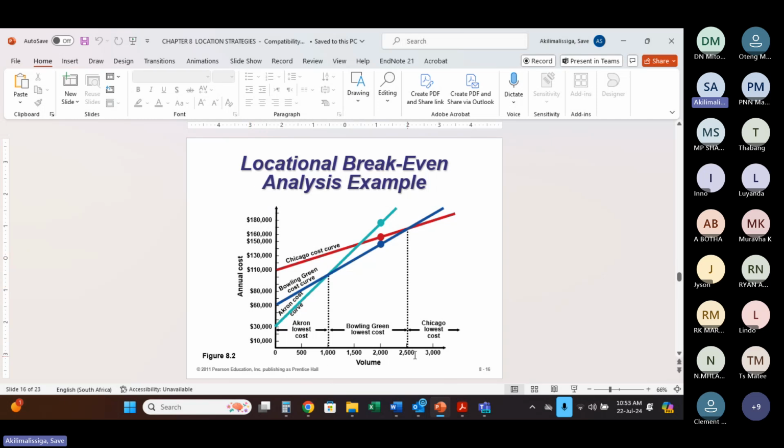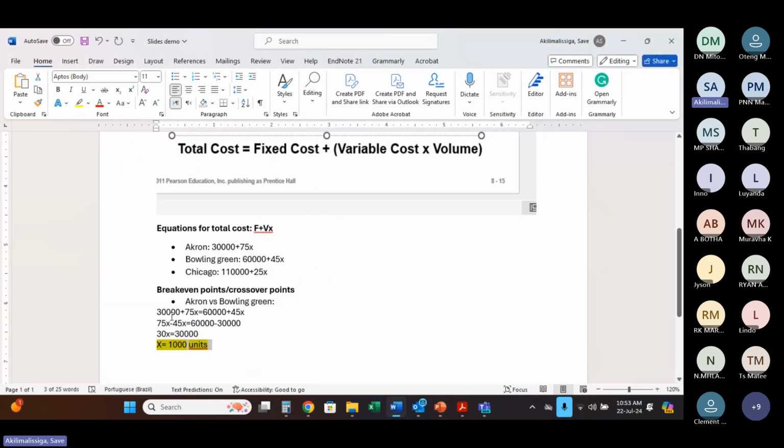The volume is on the x-axis, and on the y-axis we have the cost. So we have already calculated the volume on the x-axis. But what will be the cost of producing 1,000 units?